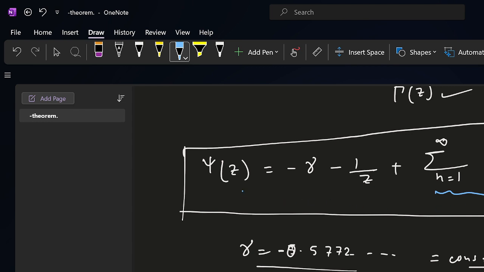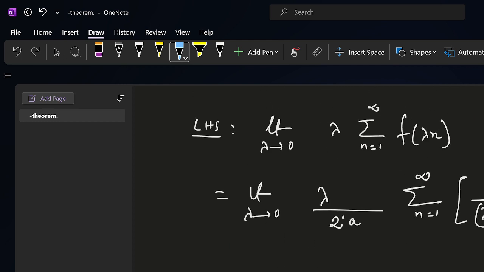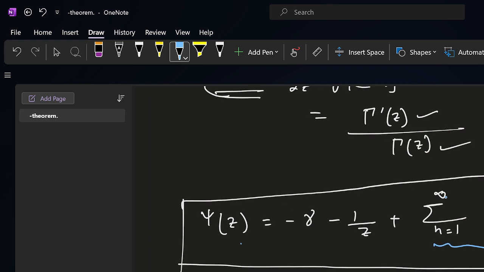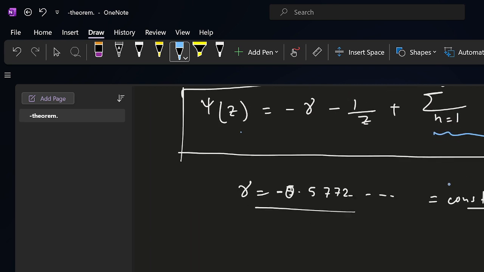This will be helpful for us to proceed, because in our case also you have a closed functional form almost similar to this, and a summation of discrete integer numbers from 1 to infinity. So we have to use this digamma function to simplify that part.